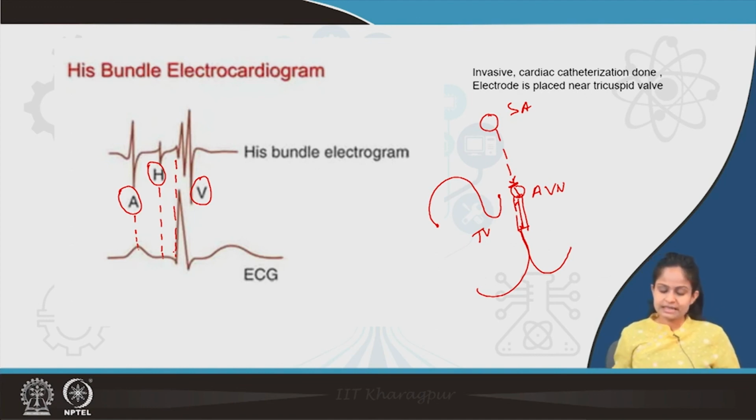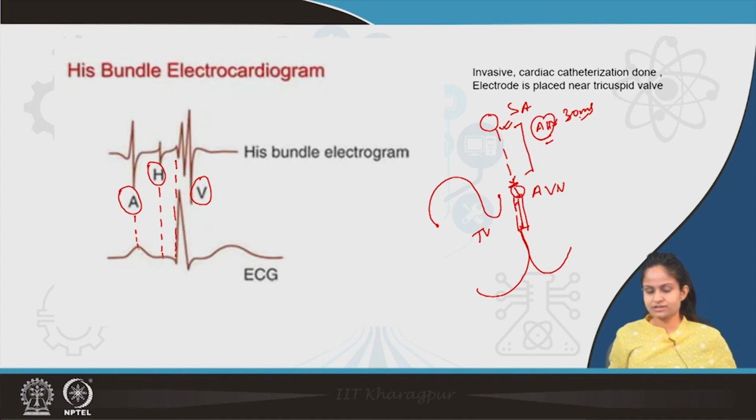So, the conduction from the SA node to the AV node is around 30 milliseconds. Now, this conduction has already been told in the conducting system chapter.